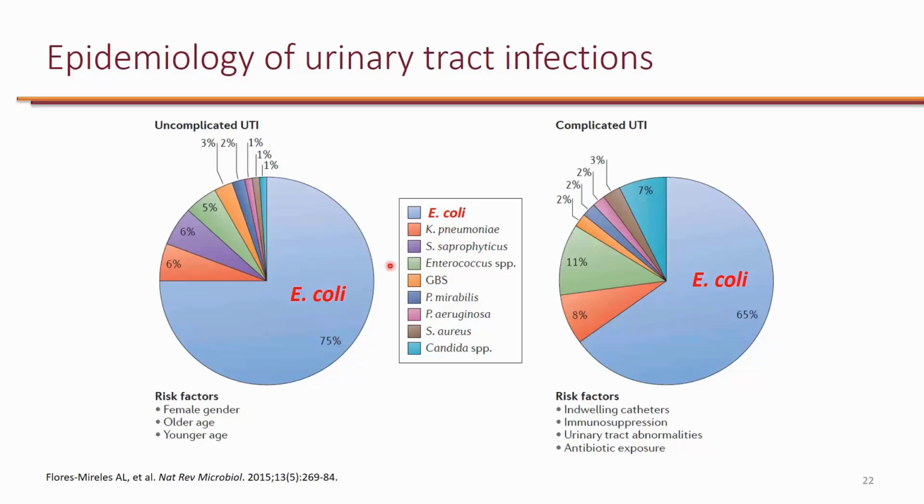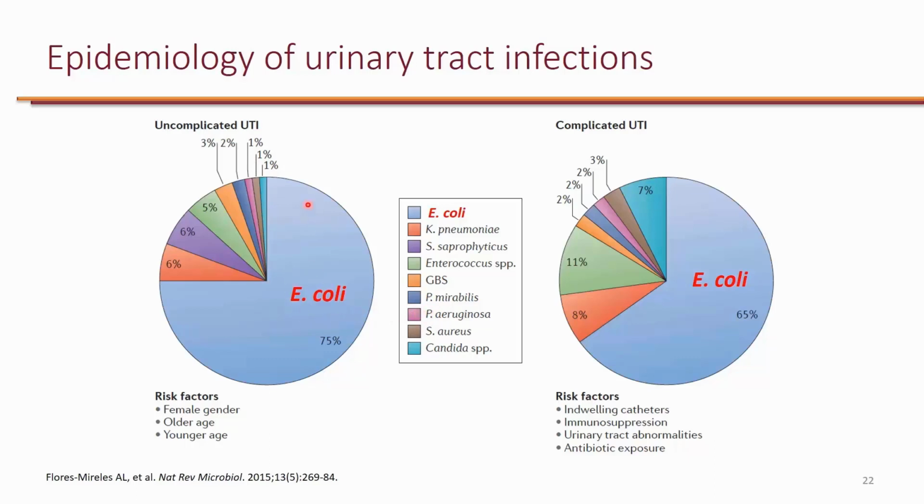Now, note that other organisms can cause UTIs, but they're not as common. So Pseudomonas, for example, Pseudomonas aeruginosa, is about 1% of cases. So you don't need agents that cover Pseudomonas for every patient. Occasionally, by occasionally I mean there's like a 1% chance that they may need it, and by then, we will have cultures.